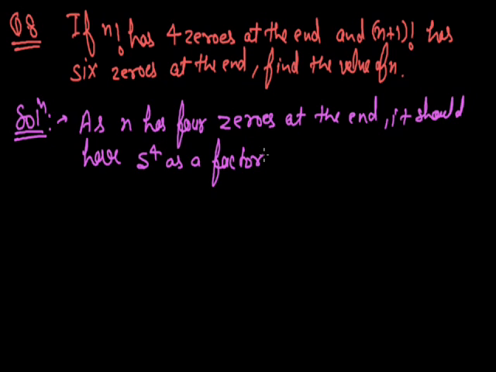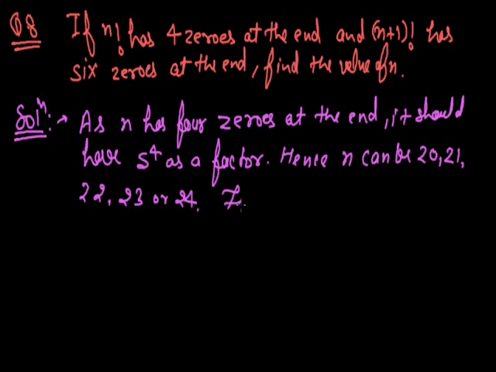If we see all the natural numbers starting from 1 to have 5 raised to power 4, then the least value of n can be 20, and n can be 20, 21, 22, 23 or 24.